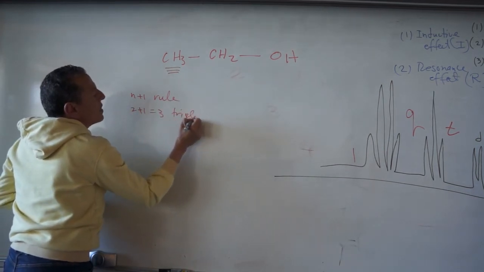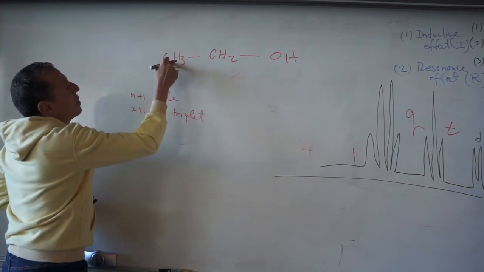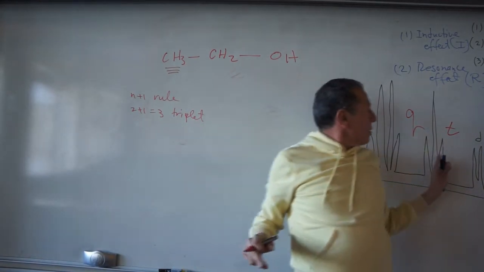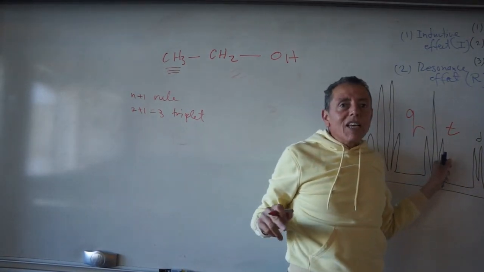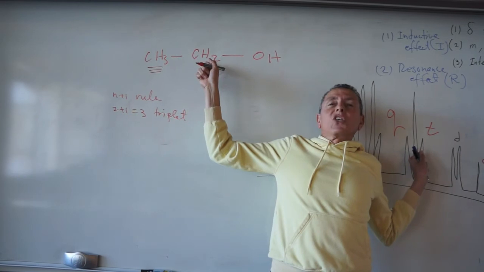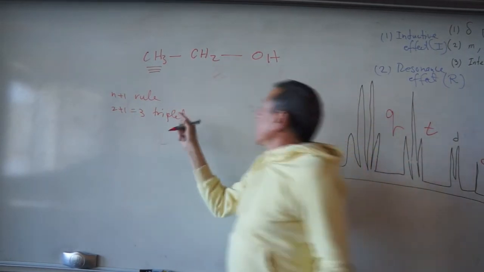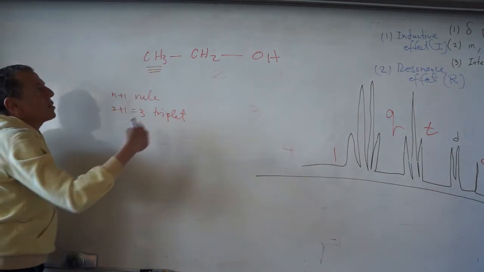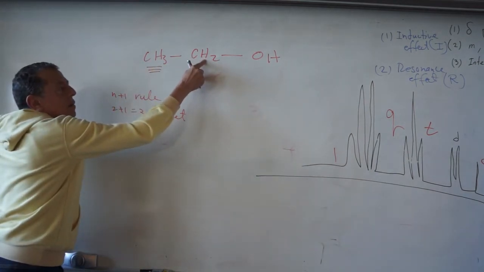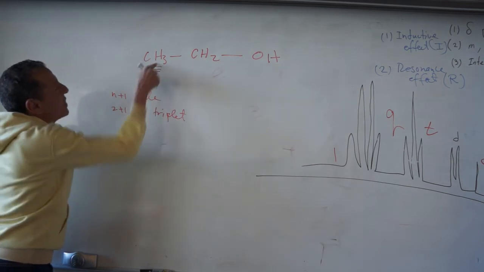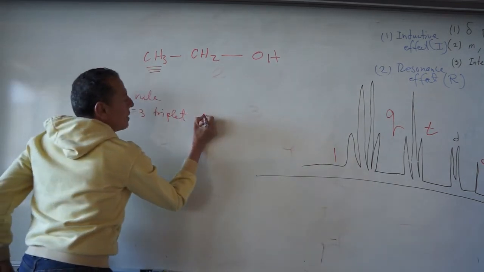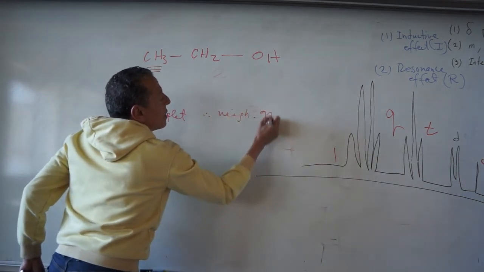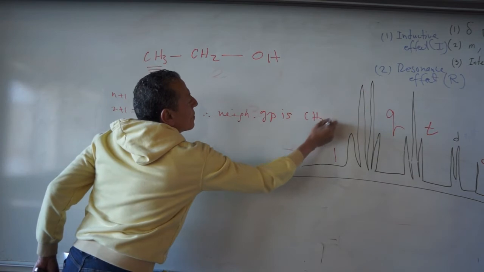It means that you will see this peak as a triplet. Why triplet? Because 2 plus 1 is 3. So if you see this triplet, immediately you say the neighboring group is CH2. So the triplet is not an expression of the methyl itself. It is an expression of the neighboring group. So if you see this as a triplet, you say the neighboring group is CH2.